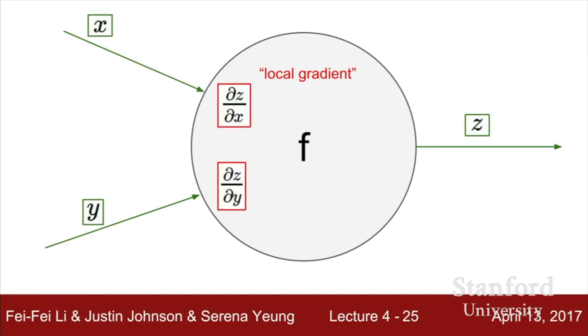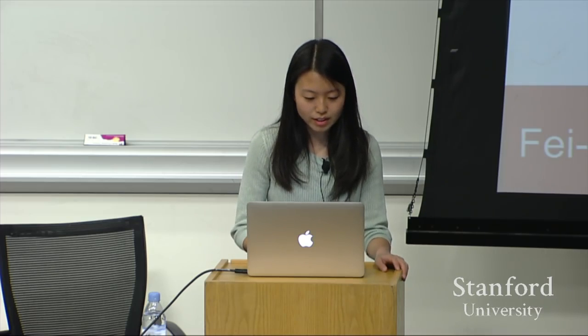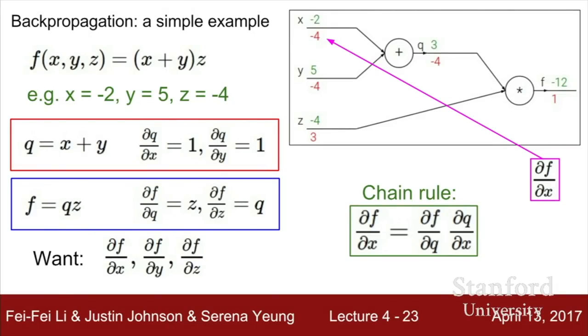And so, was there another question? Yeah. Negative, okay. So the -4. These green values on top were all the values of the function as we passed it forward through the computational graph. We set up here that x is equal to -2, y is equal to 5, and z equals -4. We filled in all of these values, and then we wanted to compute the value of this function.